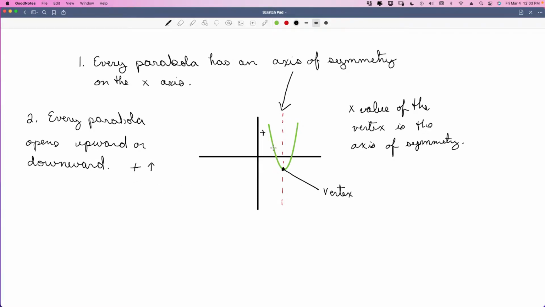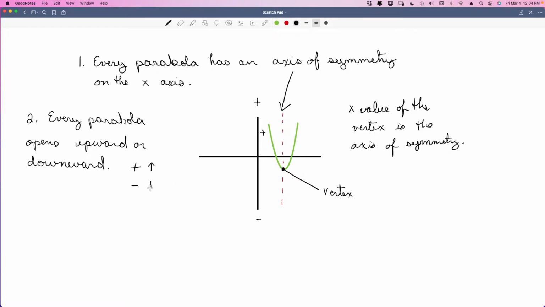And if you think about it, the axis of symmetry is parallel to the y-axis, or vertical. And with the y-axis, up is positive and down is negative. So it makes sense that the parabola would open in the direction that follows those signs.